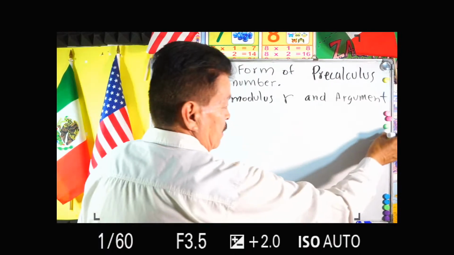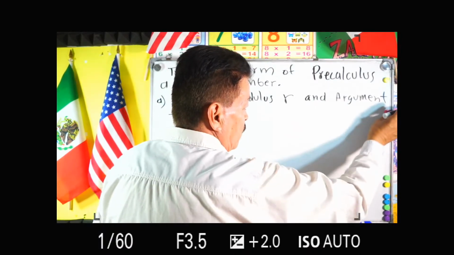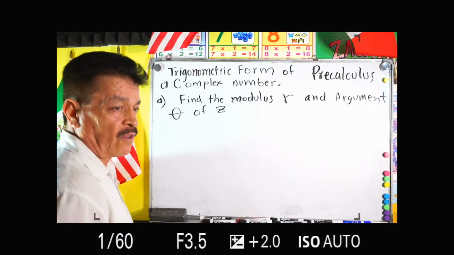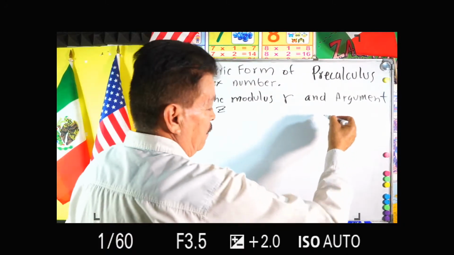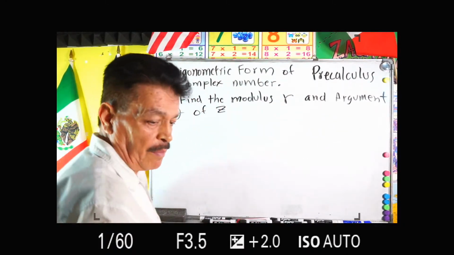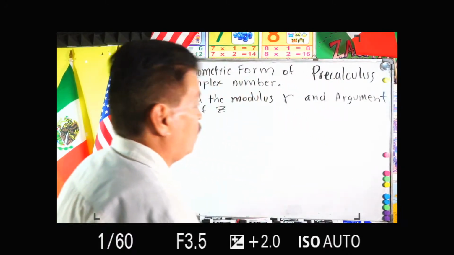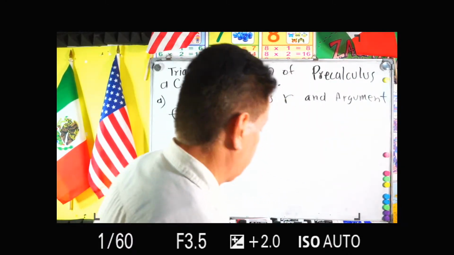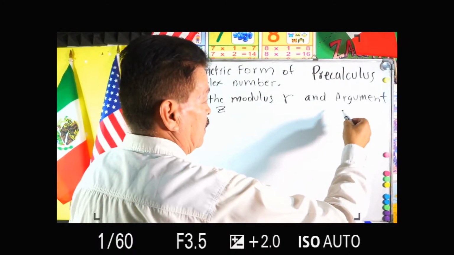I will write the graph right here. For our problem, the graph is this. Let me use a different color. Let me write this little graph right here.